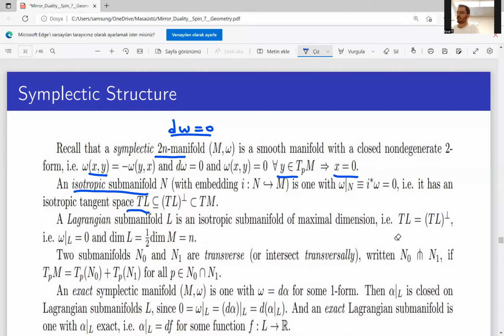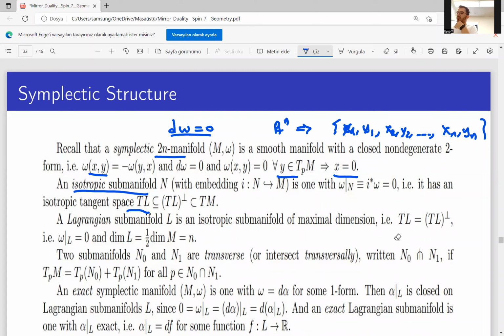As an example, for our R^2n, the trivial one, with basis elements x1, y1, x2, y2, up to xn, yn, you have to put in a wedge product multiplication, and you can glue the spaces into each other: x1, y1, x2, y2.